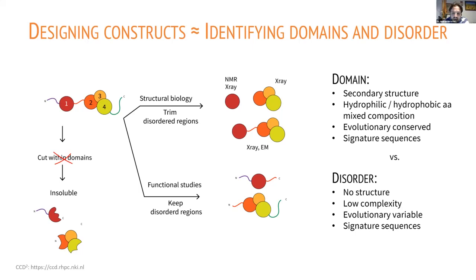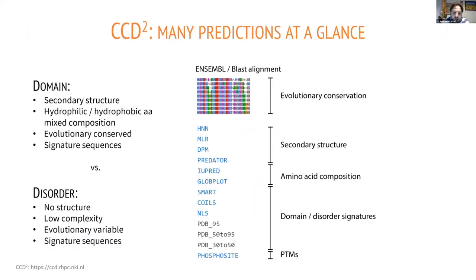And so what CCD does is it aggregates a series of very quick, and the emphasis here is on quick rather than accurate, predictions so that we can give you the answer in 5 to 10 seconds, and you can then decide what's domain and what's disorder.